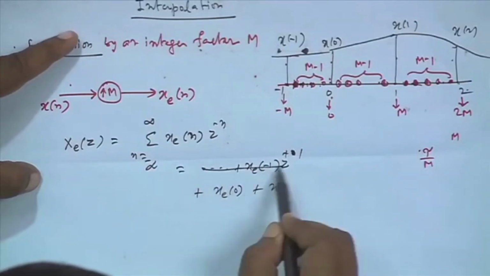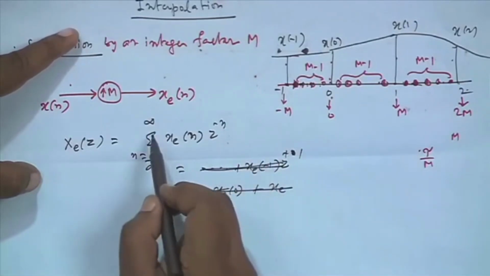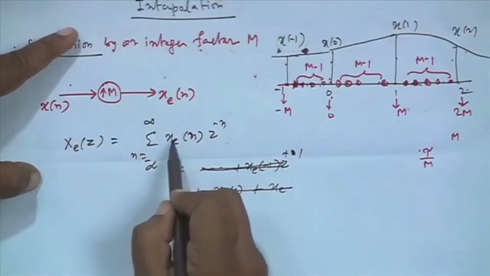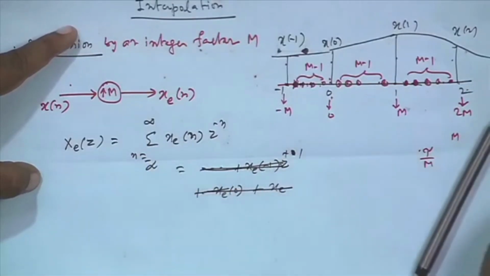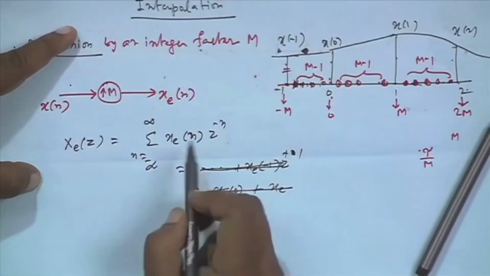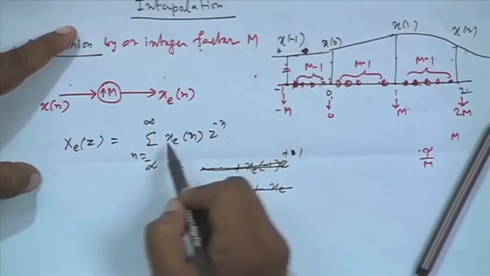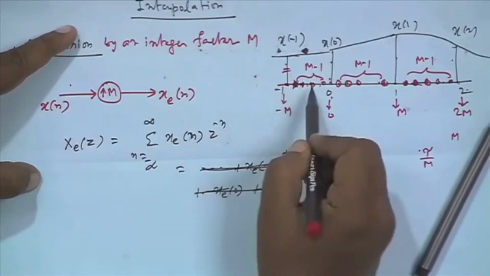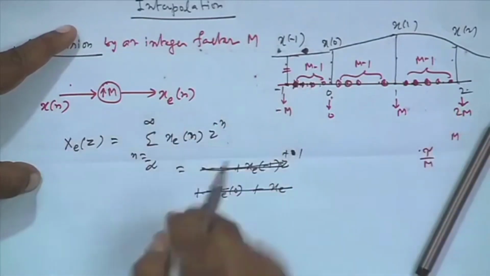If you carry out this summation, we will have the x_e[0] term, right? Then x_e[1] will be 0, x_e[2] will be 0, x_e[3] will be 0. So, those terms I ignore because they do not contribute anything.